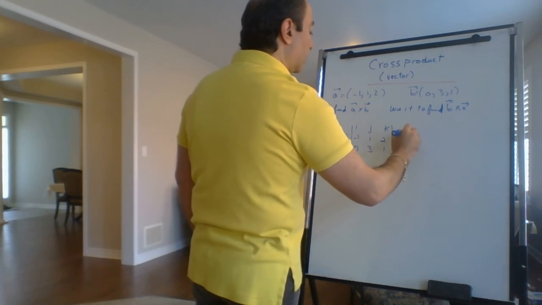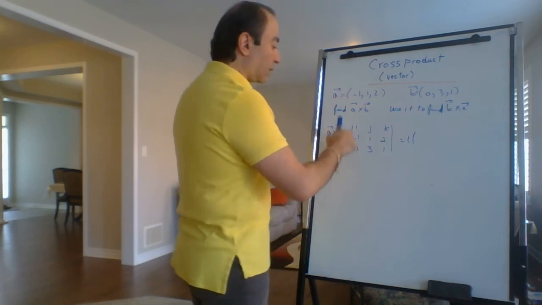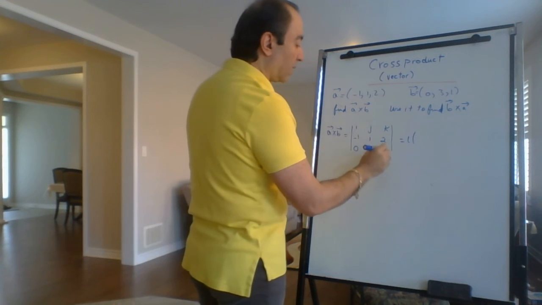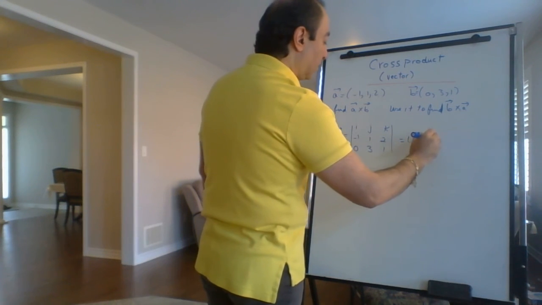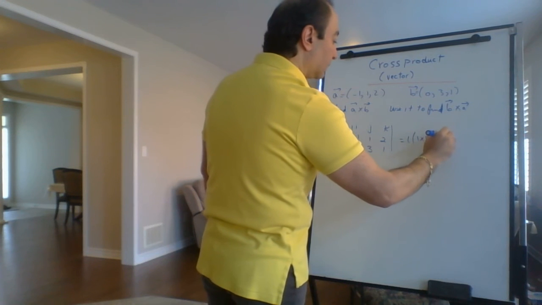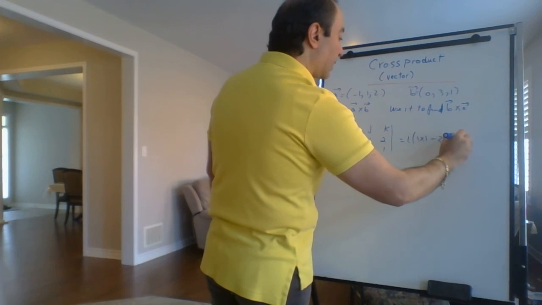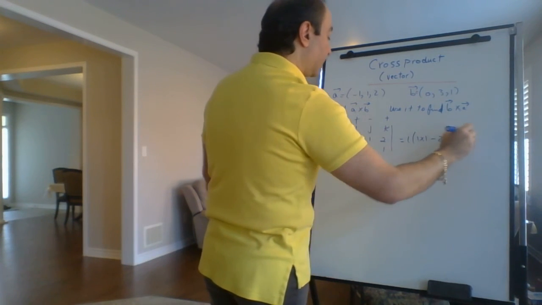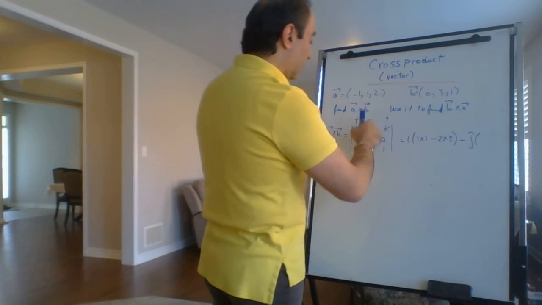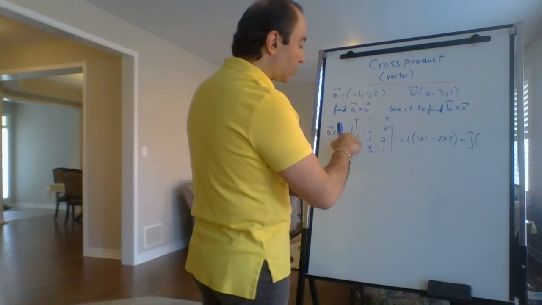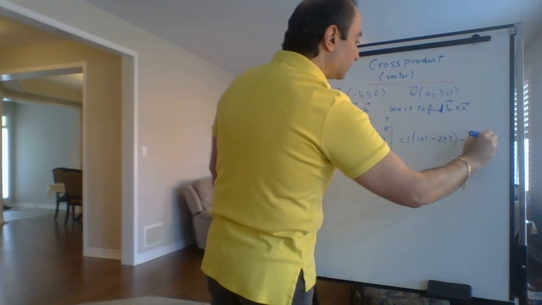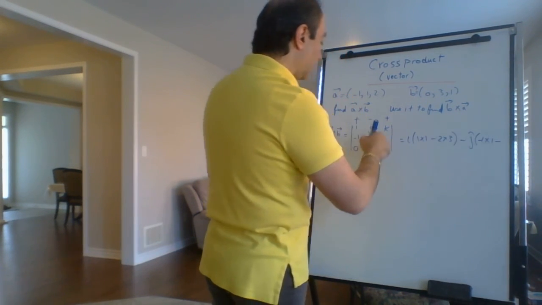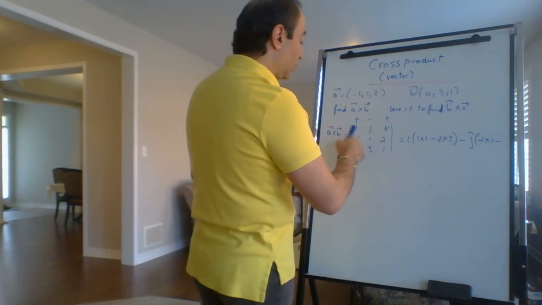Then I will start with I, forget about the row and column, 1 times 1 minus 2 times 3, plus minus j. So plus minus j. Then ignore the row and column that contains j. Negative 1 times 1 minus 2 times 0.